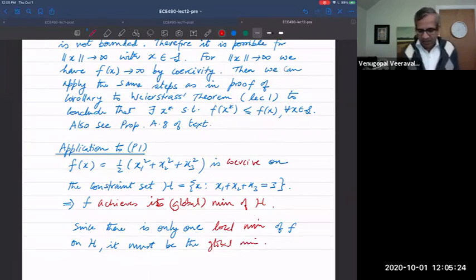So it actually didn't even exploit convexity here. All you exploited is the fact that it's coercive on the constraint set, and the constraint set is closed. And of course, we also exploited the fact that there was only one local minimum, and so that has to be the global minimum. You could use this approach, and you might find this more useful in many examples in showing that a local min is a global min.